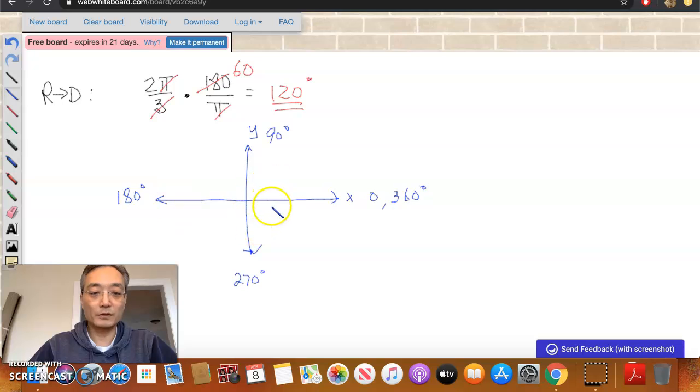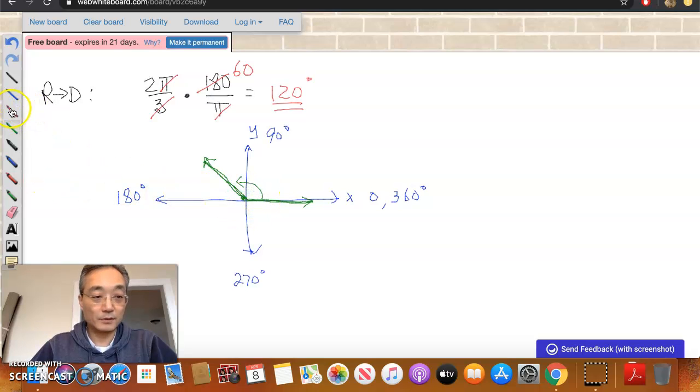So one full circle. So 120 is between 90 and 180. Does everyone agree? Okay, so our angle is somewhere in here, like that. Okay, again, formed by the positive x-axis and the terminal side, right? Initial side and then terminal side, like so. This is 120 degrees right in here.